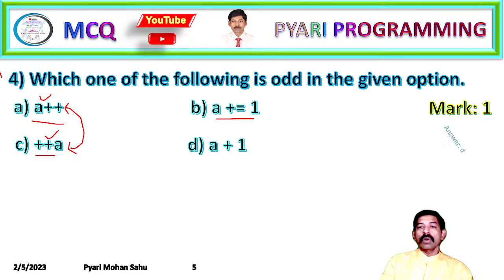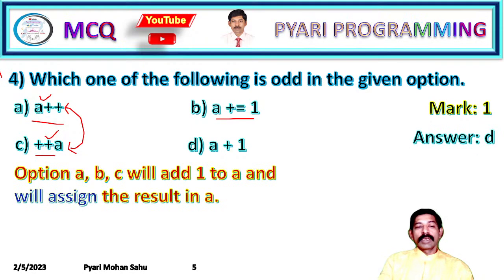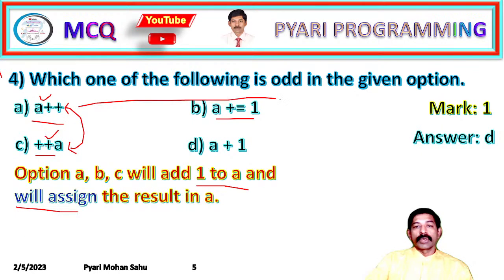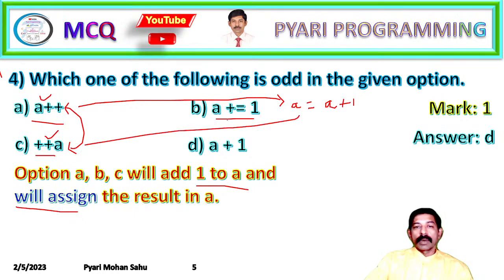The right answer is option D. Let's see the explanation. A, B, C will add 1 to A in all the cases, and will assign the result in A. So we can write this expression as A is equal to A plus 1. This also can be converted like this, and this also can be converted like this.